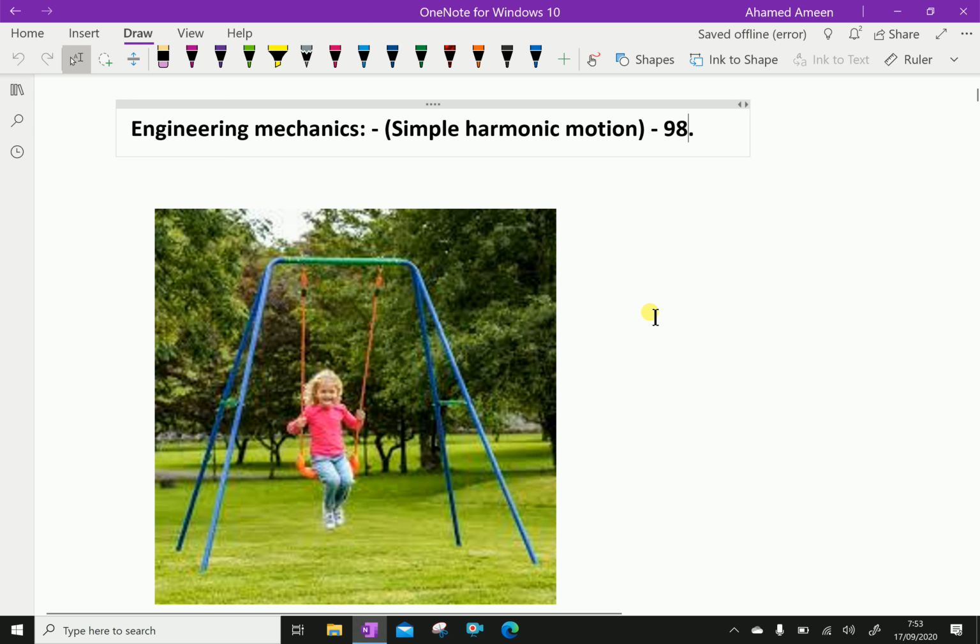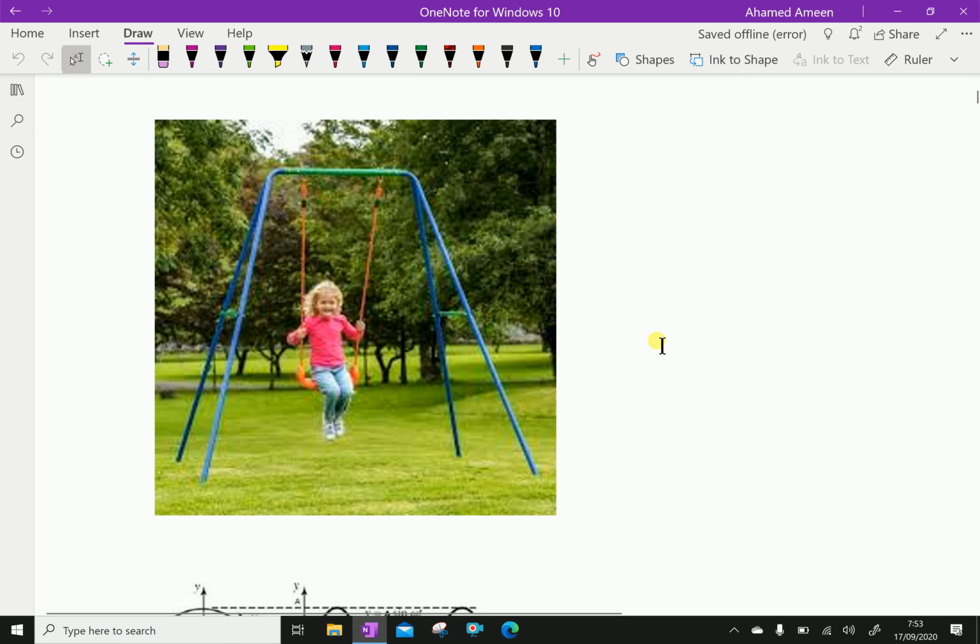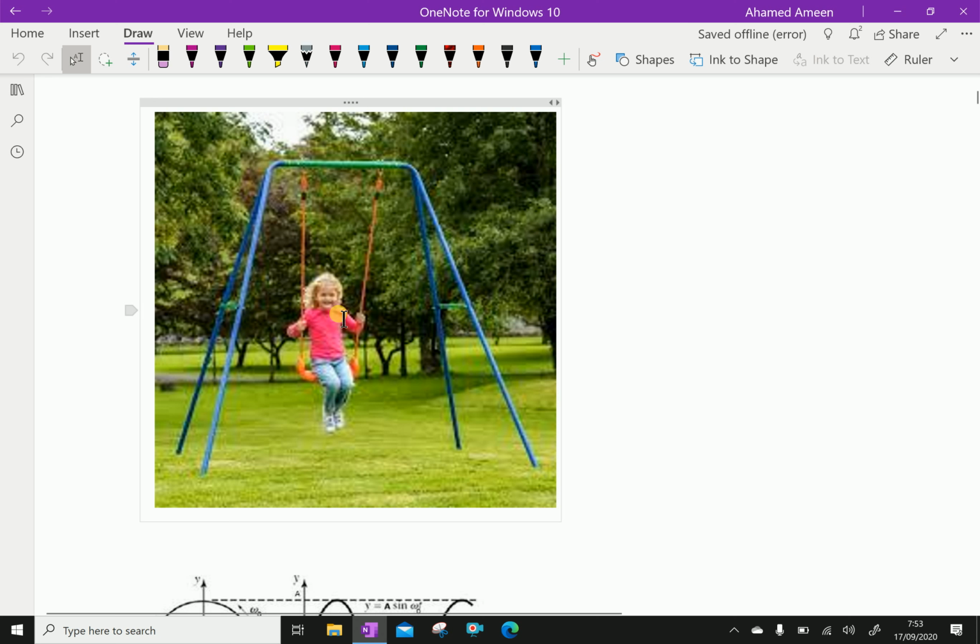Look at this beautiful picture. A little girl swinging in a park. Suppose somebody pushes her, so she goes to and fro like a swing. This is a very good example of simple harmonic motion.